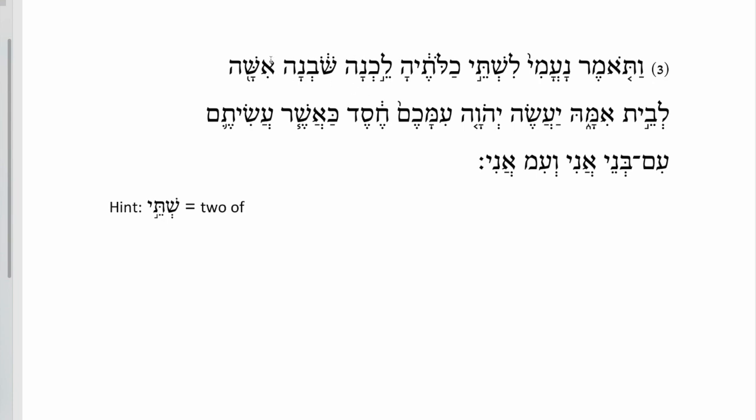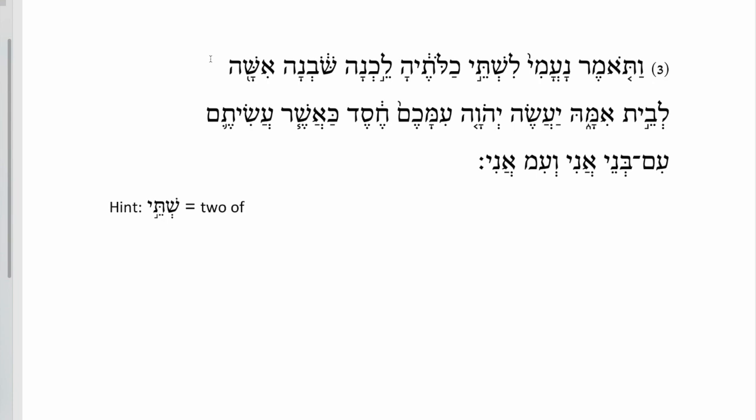The na endings are the feminine plural endings for imperfect verbs. We should have a tav there. The tav's been taken off because these have been made into imperatives. How do you make an imperative? You take an imperfect verb and you remove the prefix. So this is the imperfect verbs with the prefixes removed for a second feminine plural. So she's talking to two people, right? Naomi is telling both Ruth and Orpah, go, return, Isha levet ima.